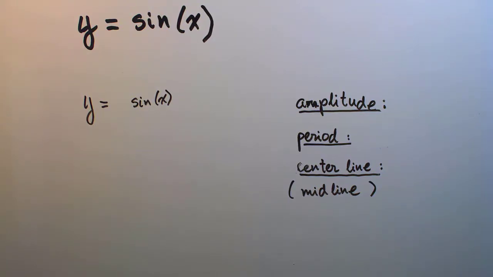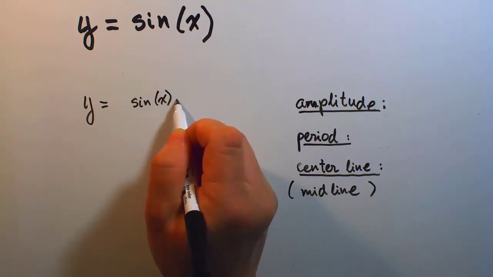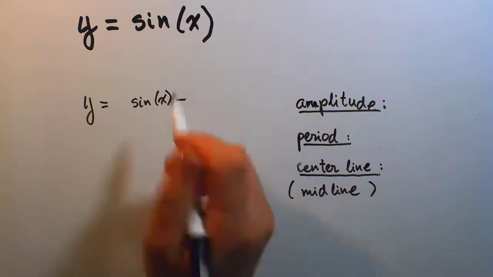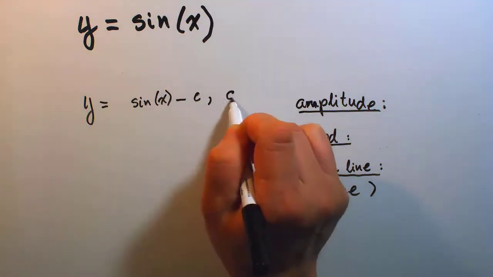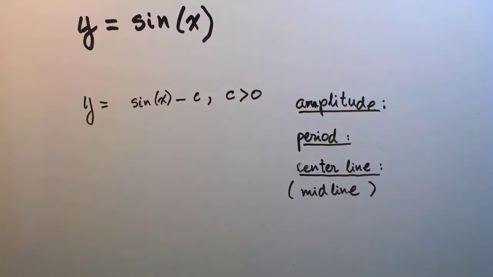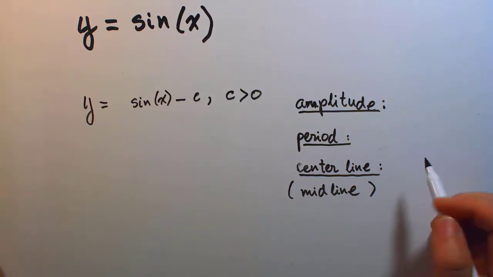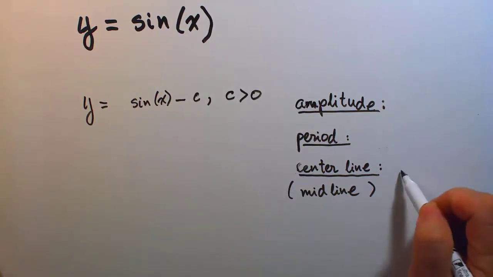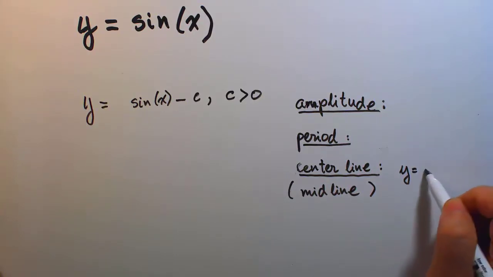And then we also saw that when we subtract a constant c from the sine function, staying with the convention that c is a positive constant, then the center line is located at y equals -c.